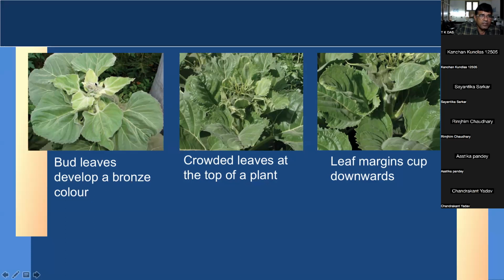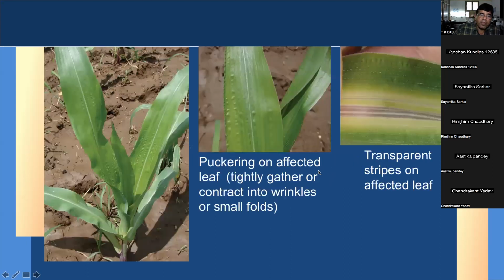Here you can see the change in the colors. Crowded leaves at the top of a plant. You can see such crowding at the top of the plant in case of boron deficiency. And leaf margins cup downwards, like this.